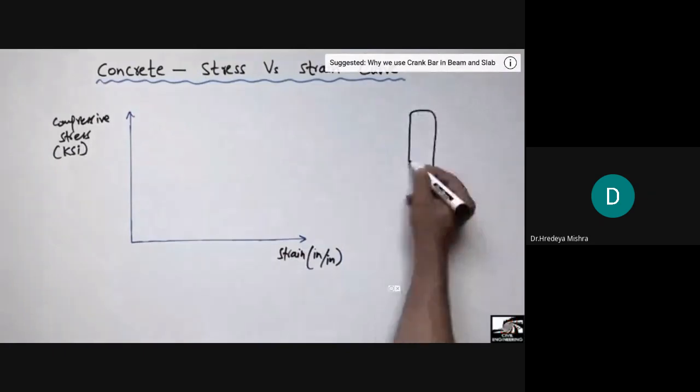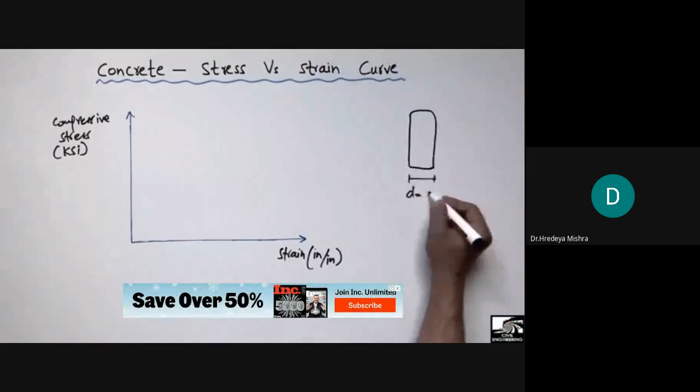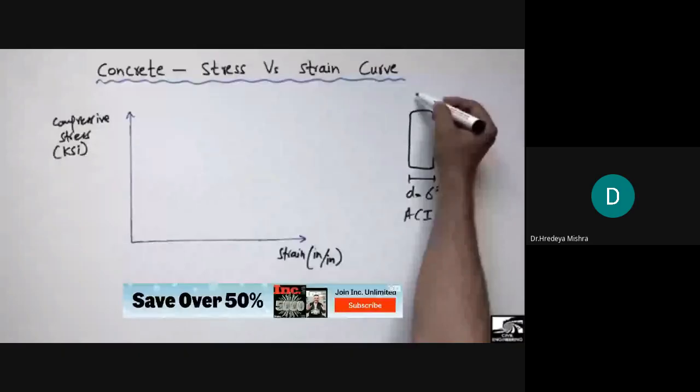This is a concrete cylinder with a diameter of 6.